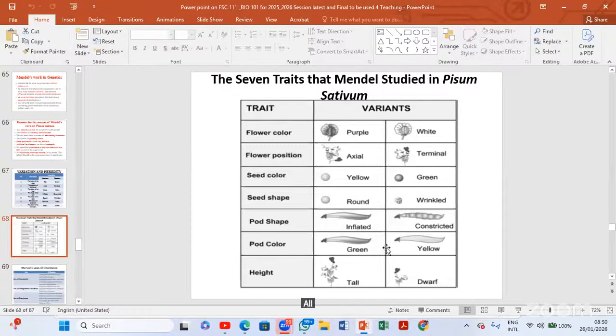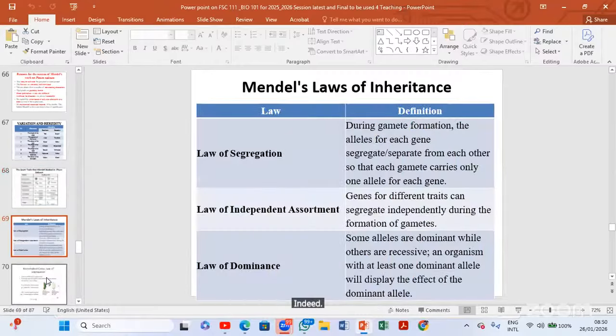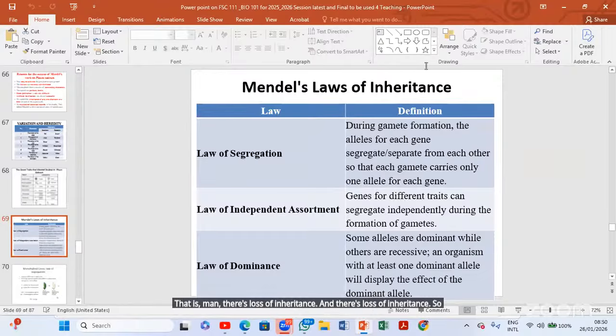So all these, after he studied, culminated in the propounding of his laws. That is Mendel's laws of inheritance. After all the work on the Pisum sativum, he came up with these 3 laws.